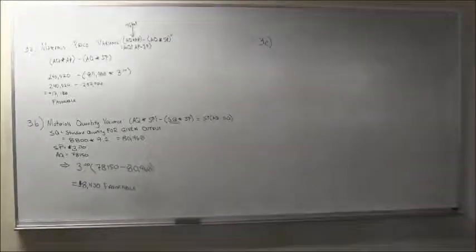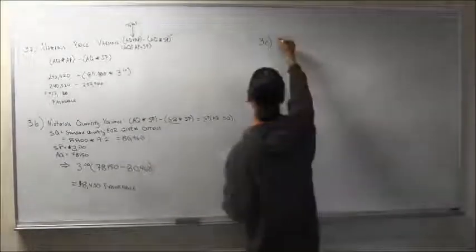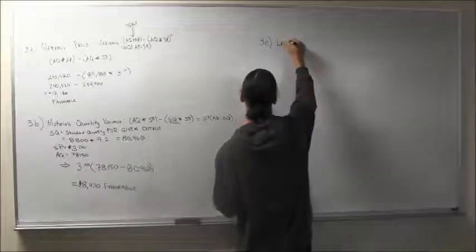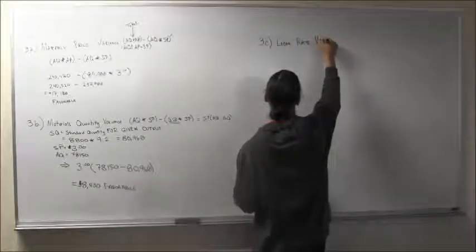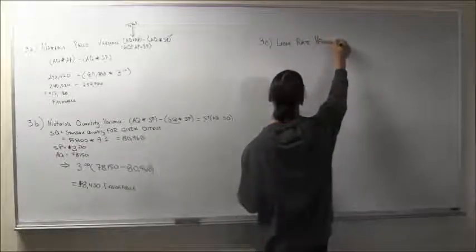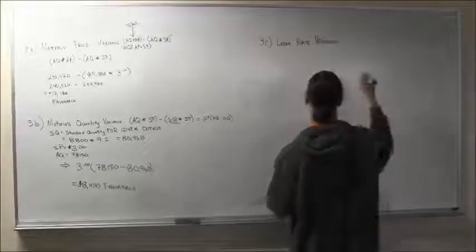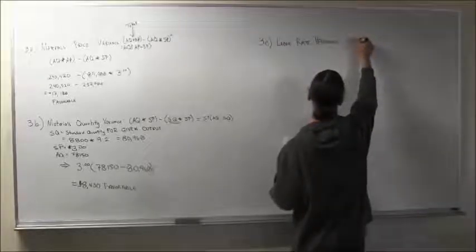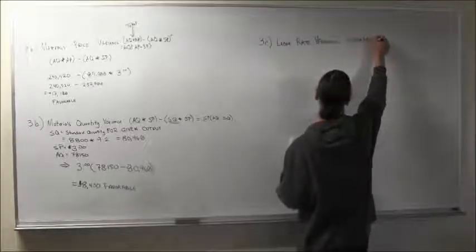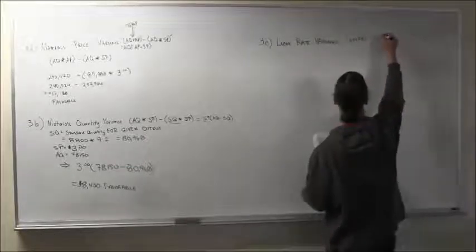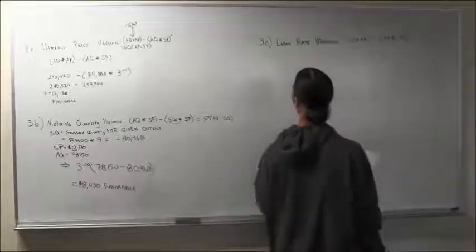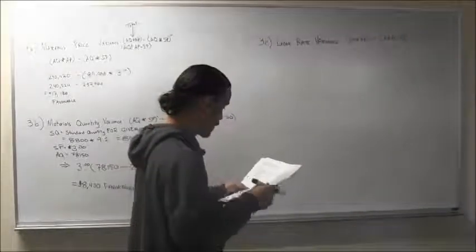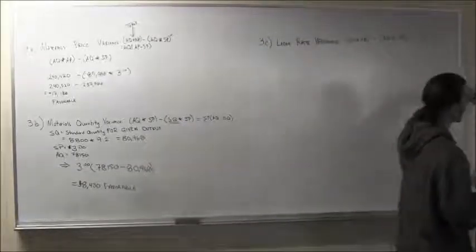3C, calculate the labor rate variance for April. Labor rate variance is actual hours times actual rate minus actual hours times standard rate. Here they're going to give you the actual hours and the actual rate already.